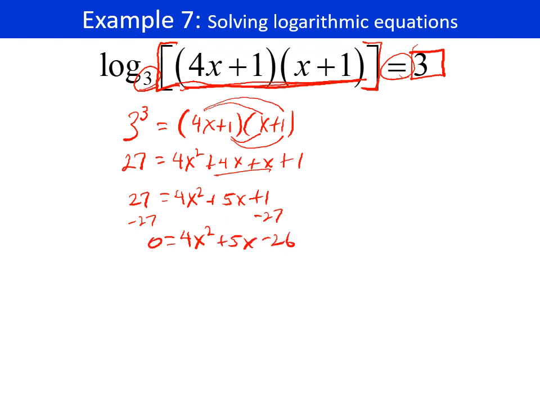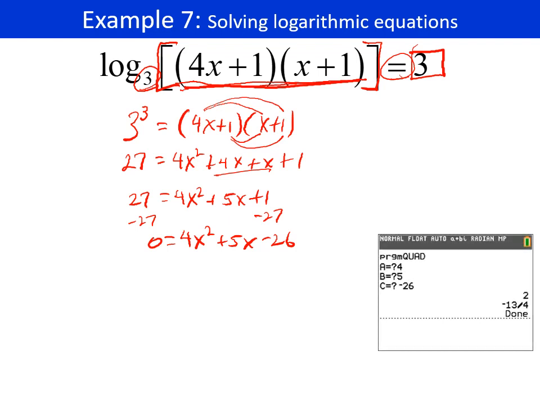And then use our quadratic formula program on our calculator, which I've already done, and here's what it gives. So the calculator gives x equals 2 and x equals negative 13/4. Of course, with logarithm equations, we always need to check those two answers.